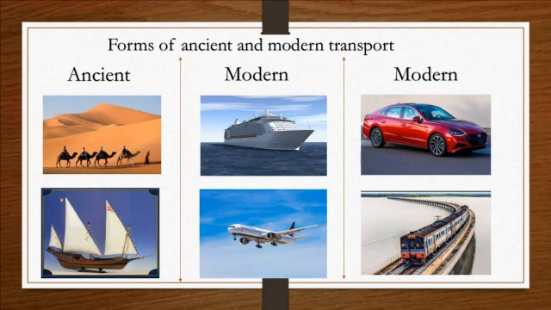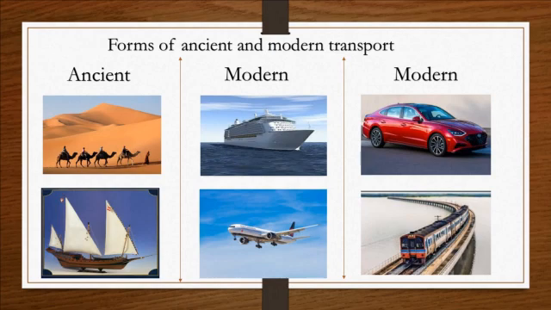Below it is a chebek. A chebek is a type of ship that was used a long time ago. All those are ancient ways of traveling from one place to another. But we have the modern ones. You can see we have the ship, the car, the airplane, and the trains.